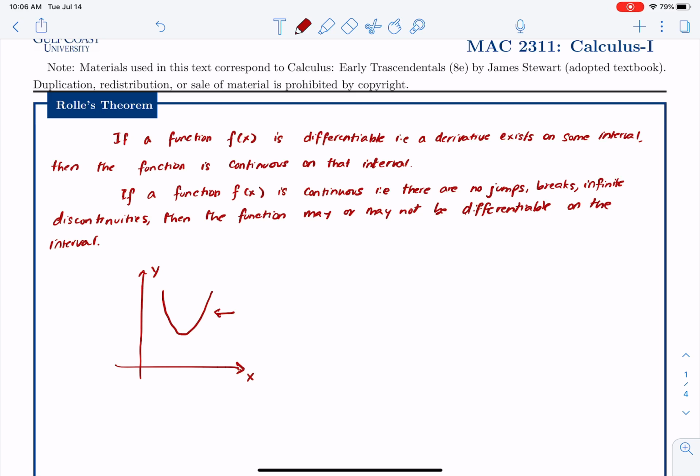We know that a parabola is differentiable. And since it is differentiable, just by looking at it, we can say it is continuous. But let's take an absolute value function.